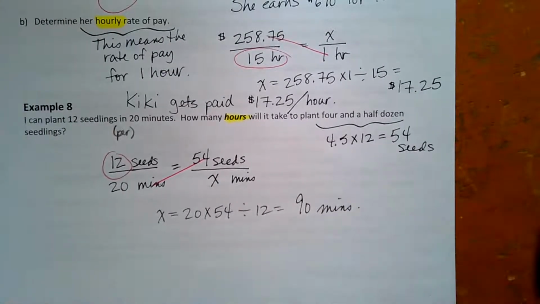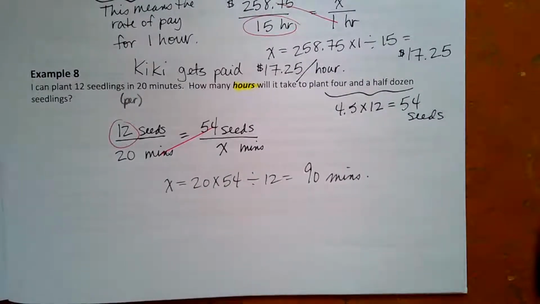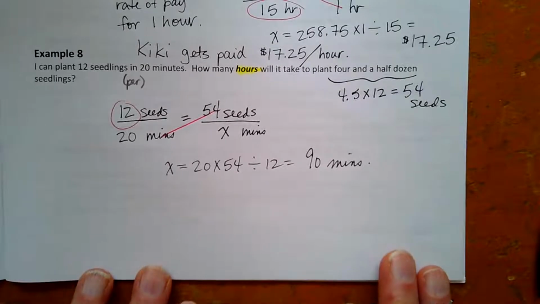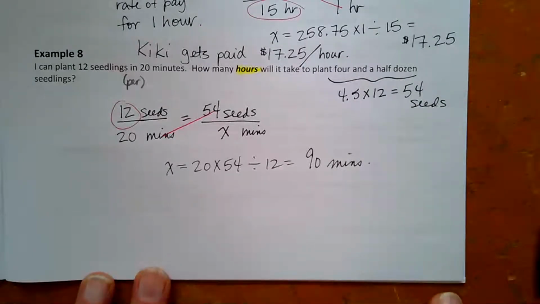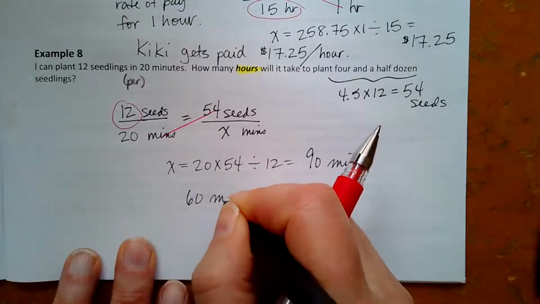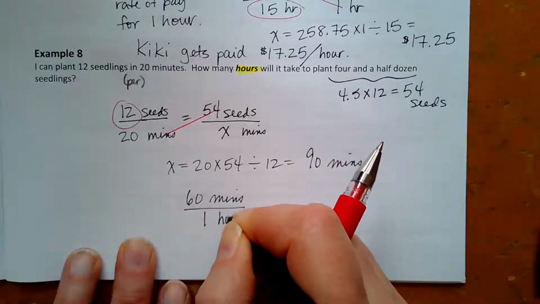Well, I know 90 minutes equals an hour and a half. I just know that from common knowledge, but let's convert that to hours, right? We did a conversion with minutes and hours yesterday. So what do I know? I know that 60 minutes per hour, right?